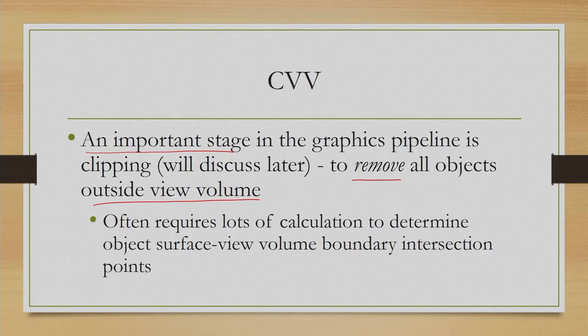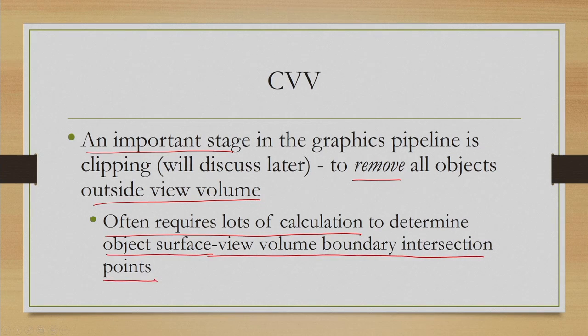Now, if it involves lots of objects which are partly outside the view volume and partly inside, or lots of objects that are outside the view volume, then we require a large number of calculations to determine which one to clip out, and this involves object surface, view volume, boundary, intersection point calculations.